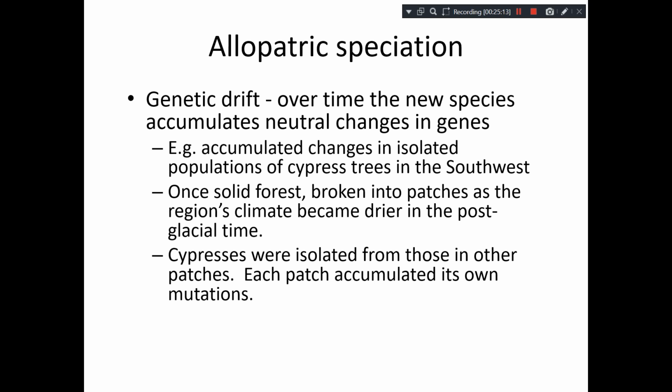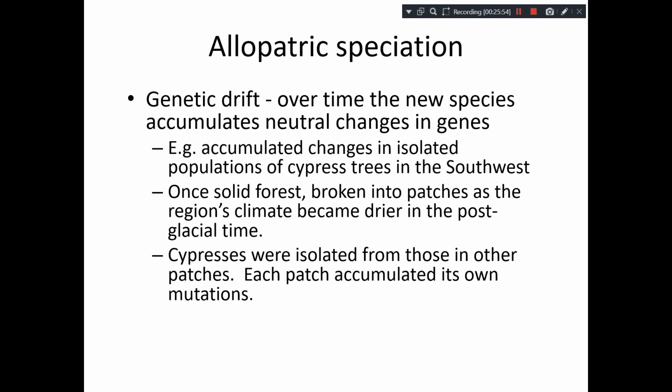For example, the accumulated changes in the isolated populations of cypress trees in the southwest. Cypress tree populations have accumulated a lot of changes. How did this happen? Once it was a solid forest. In the name of development, the forest was broken into patches, because of two reasons.